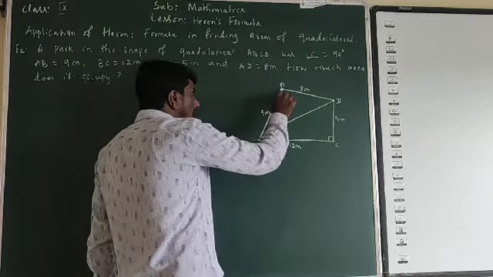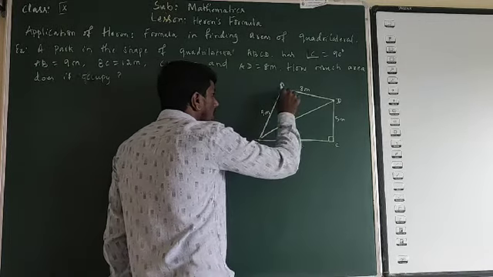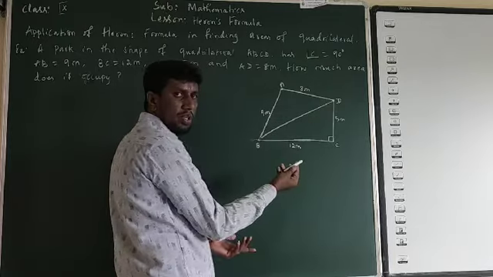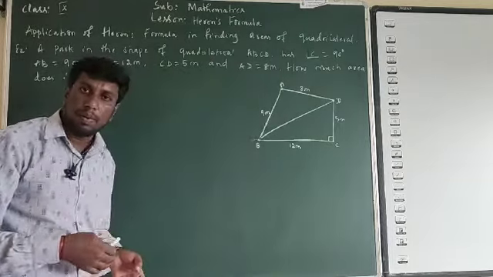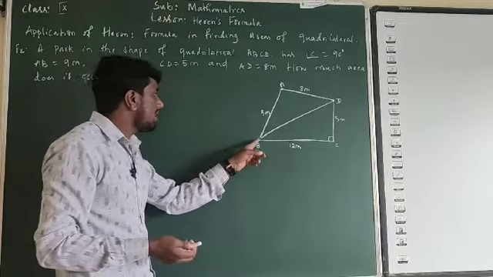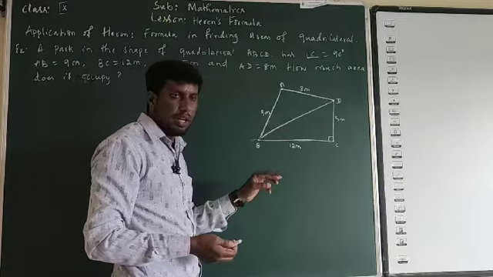But the thing is, I know this side, but I don't know this side, BD. If I want to use Heron's formula, I should know the lengths of all three sides. But this side is unknown here, right?